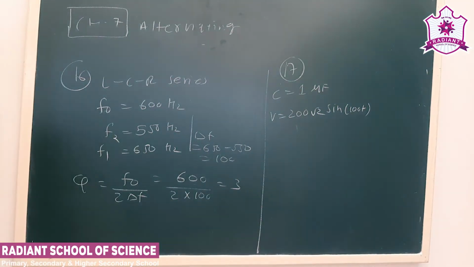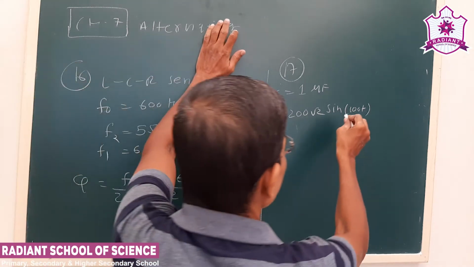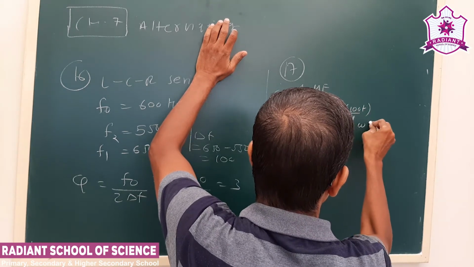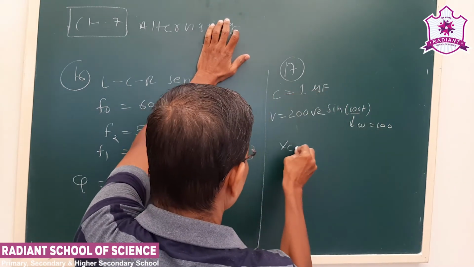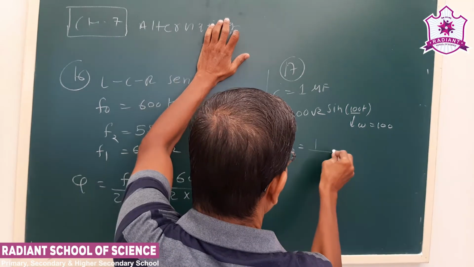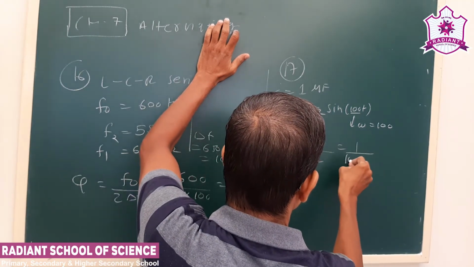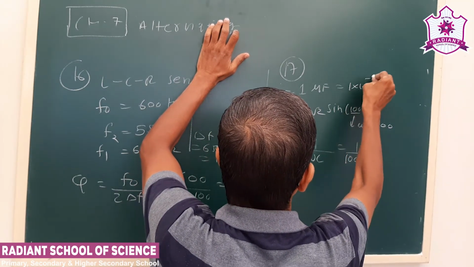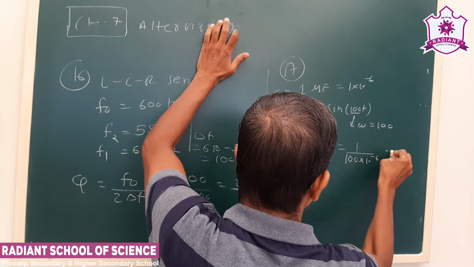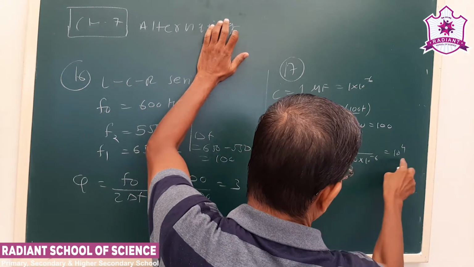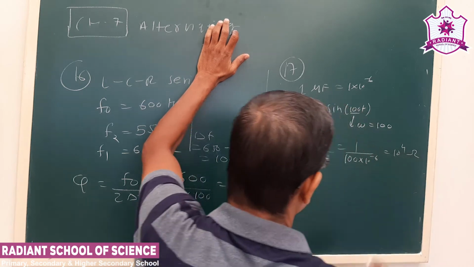Okay. What is the value of the RMS current? Now see here, omega is 100. Capacitive reactance XC is 1 upon omega C. Okay, that will make 10 to the power 4 ohm.